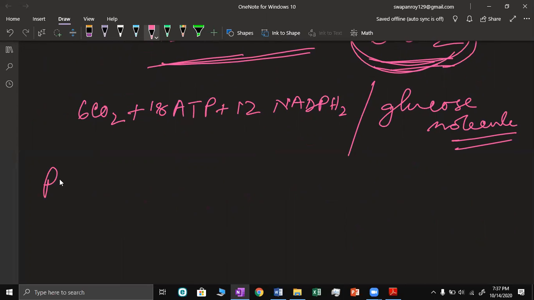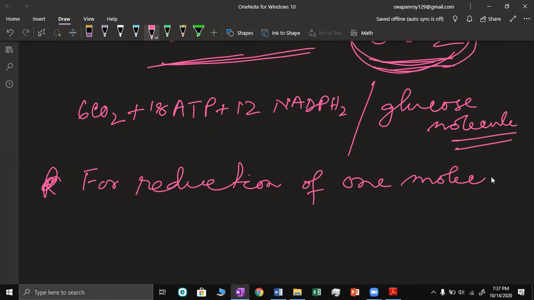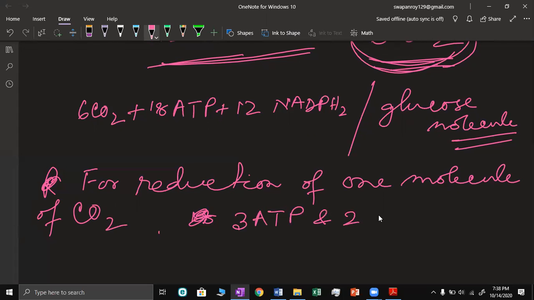For reduction of 1 molecule of carbon dioxide, 3 ATP and 2 NADPH2 are required.